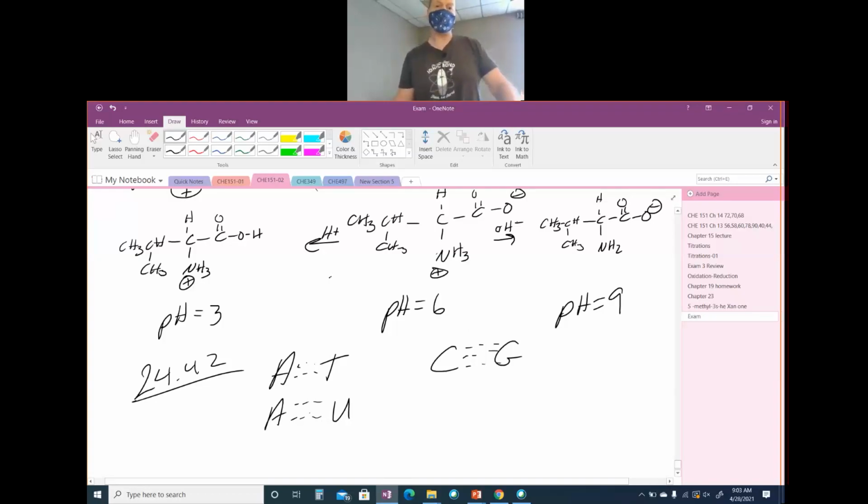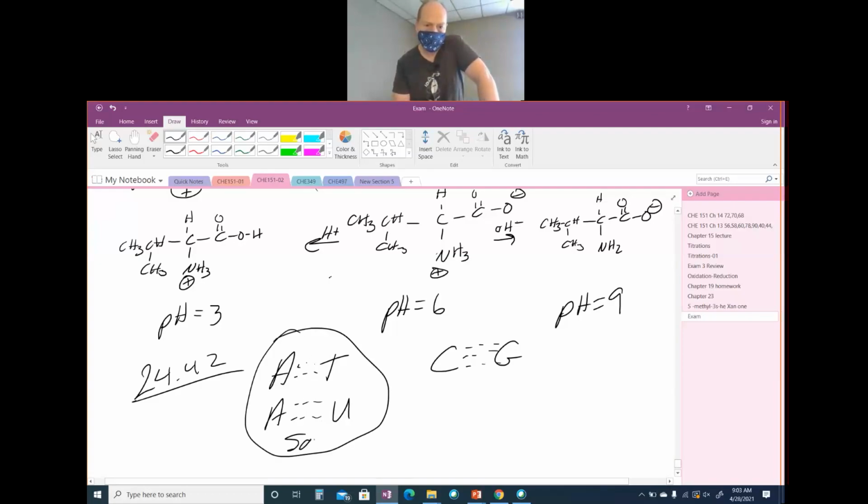Your hydrogen bonding is the same here: the same amount of hydrogen bonding between A and T and between A and U. And C to G has 3 hydrogen bonds, so it is more strongly hydrogen bonded, a stronger interaction.